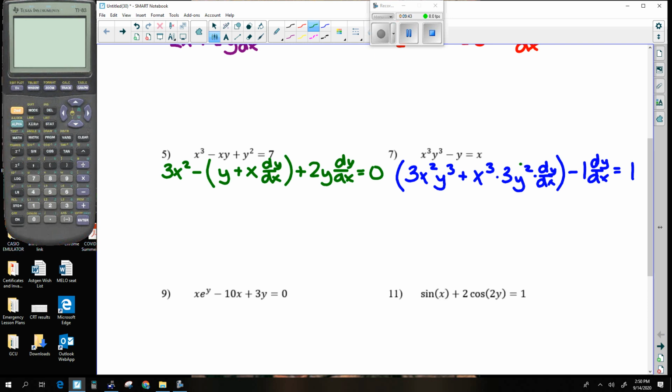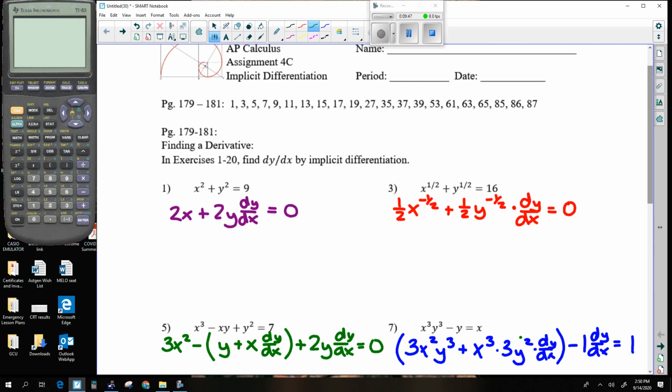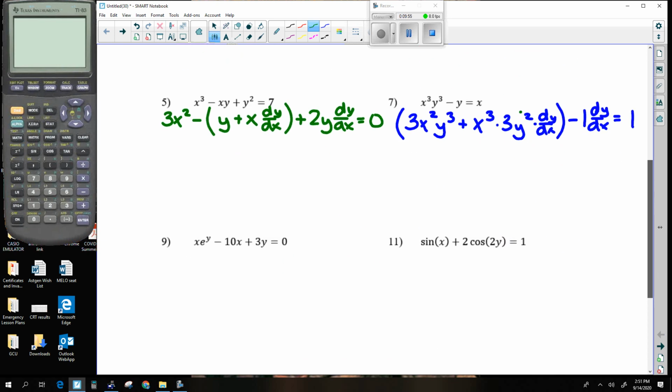Okay, now, ultimately, though, what they want is, what is dy dx? All right, so the first thing that you do in these problems, let me use this green one as an example: 3x squared minus y minus x dy dx, because of the parentheses, plus 2y dy dx is equal to 0.